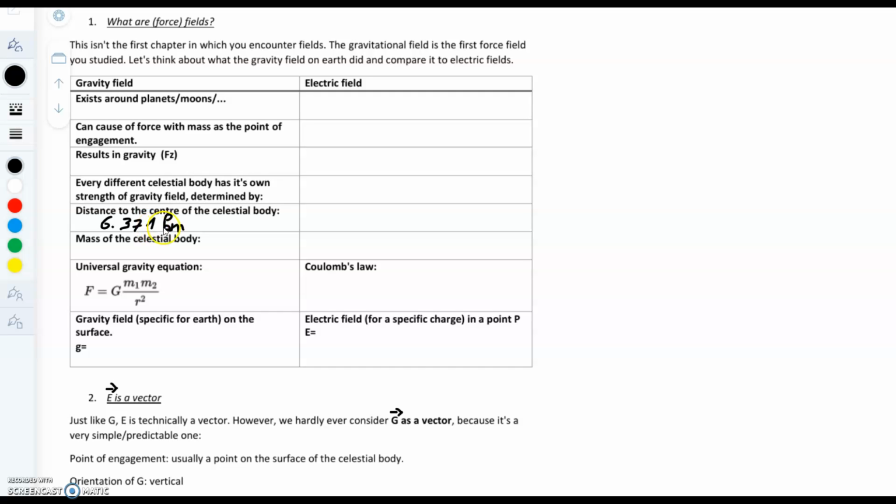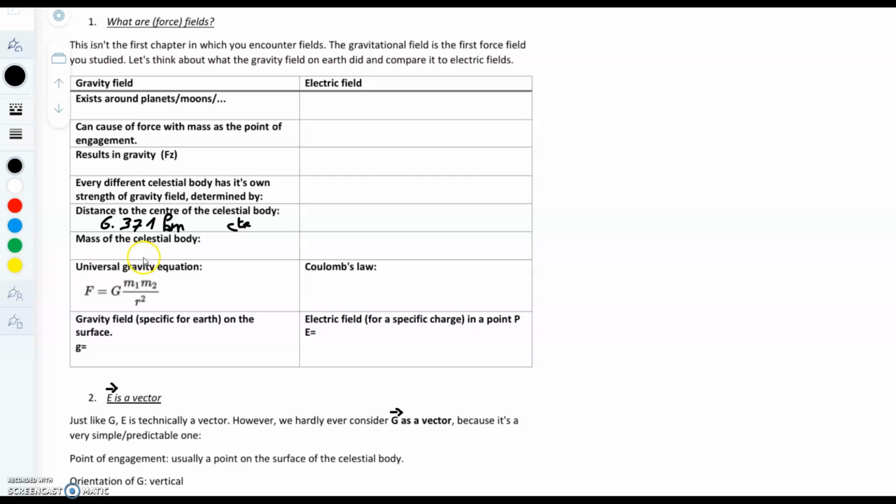It is actually calculated, it isn't even a single percentage point difference. It's 0.2%. So, for gravity, you can say that the distance to the center of a celestial body is pretty much a constant. Because you cannot really escape that high up on Earth without exiting the atmosphere.